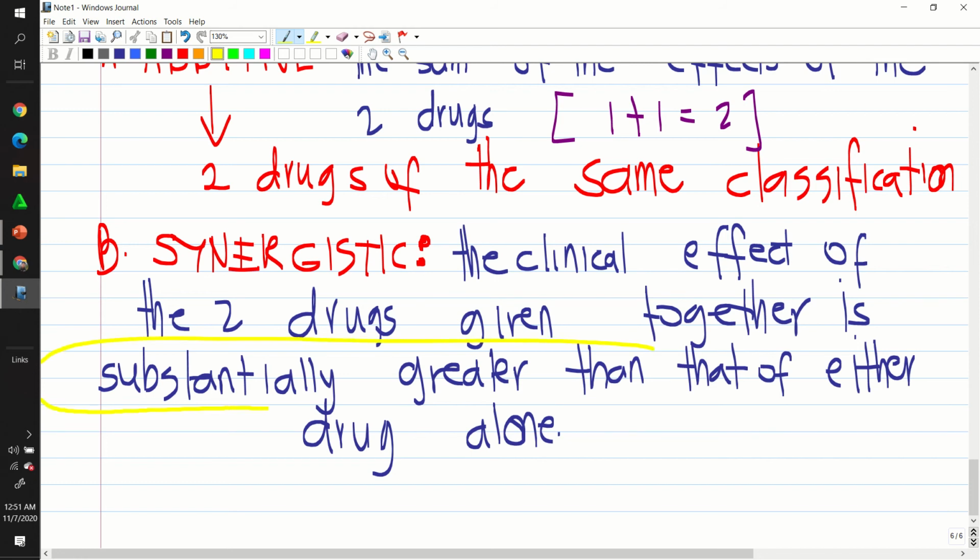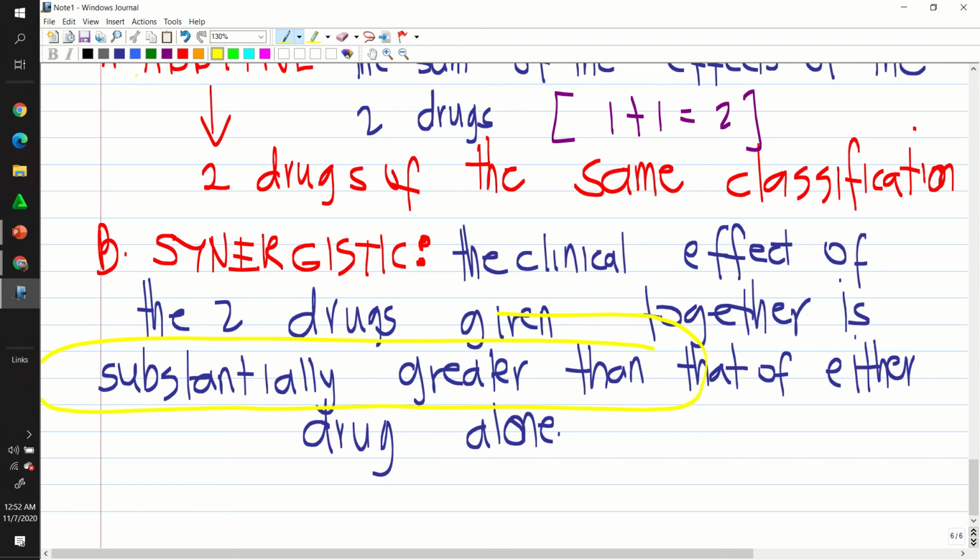It is not just increased, it is actually greater than that of either drug alone. So when two or more drugs are given together, one drug can have a synergistic effect on the other. It will potentiate the therapeutic effect.